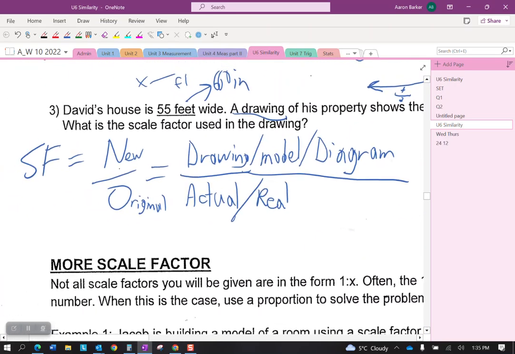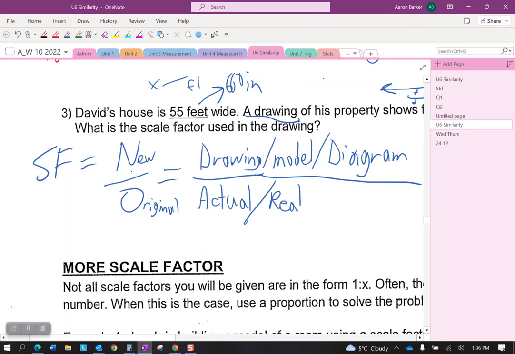Let's write down these words. Sometimes the scale factor uses the words new and original. Sometimes they use the words drawing, model, or diagram. And on the bottom, sometimes they use actual and real. So you got to make sure that you understand these different vocab words, what they're referring to, the top of the fraction or the bottom of the fraction.